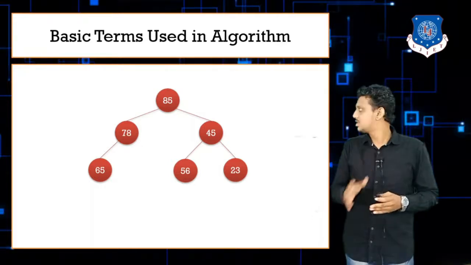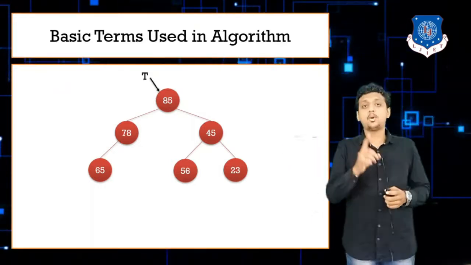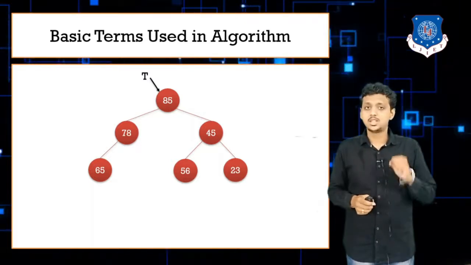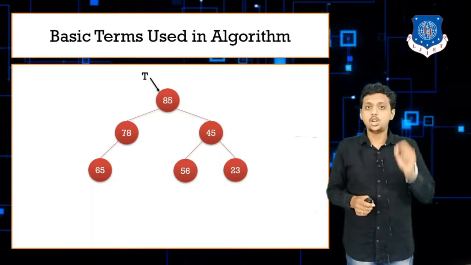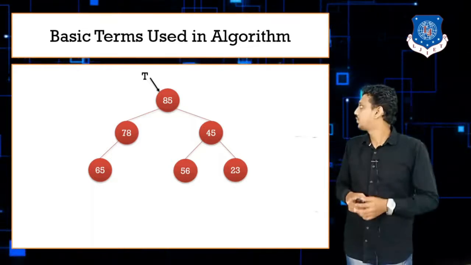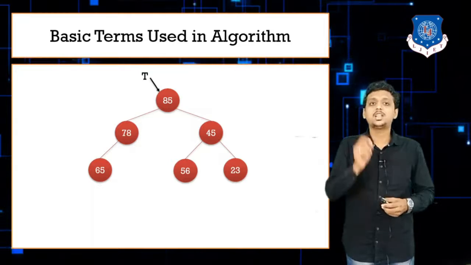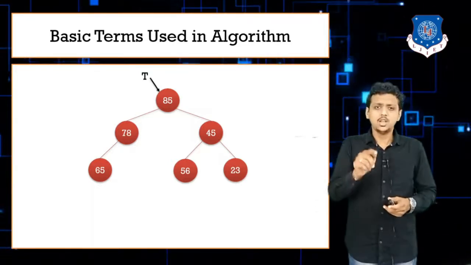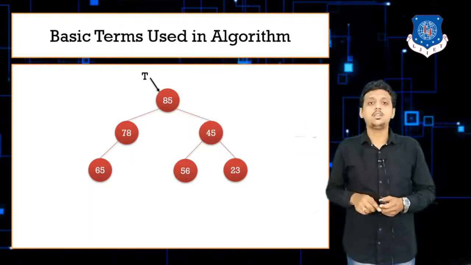So just imagine a situation where we have a T pointer which is always used to point to the root node of a tree. Students, here remember that any operation on a tree begins from the root node. That's why I am going to assign a T pointer on node 85. Okay, so here T is a pointer which is pointing to node 85.